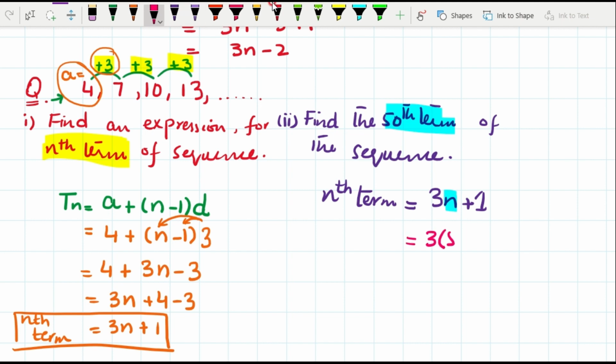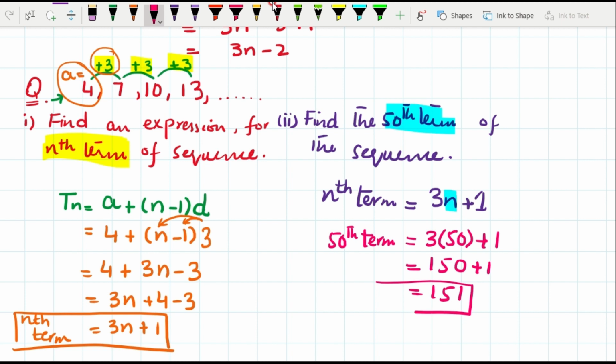3 times 50 plus 1, 150 plus 1, 151. So it means the 50th term, because instead of n we have to write 50, will be 151, right?